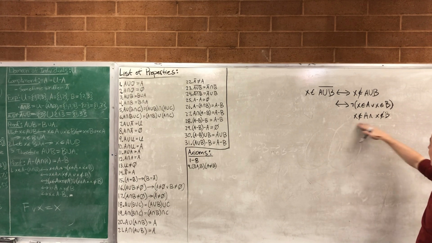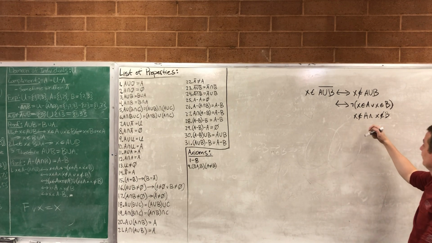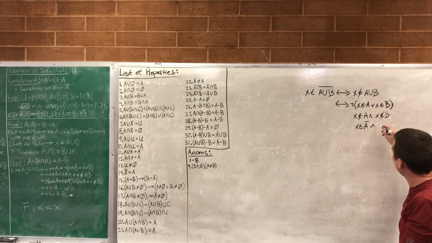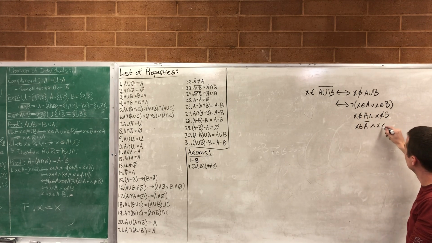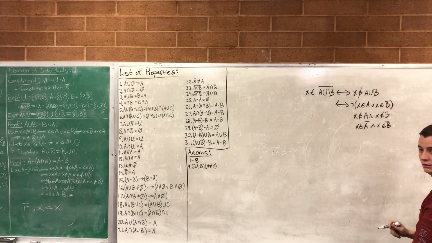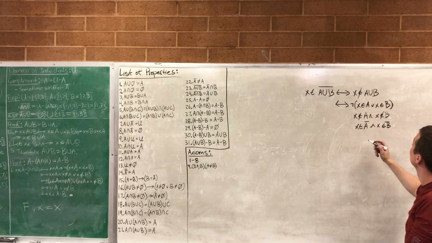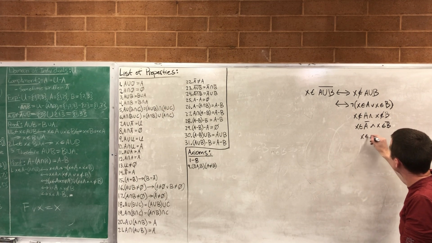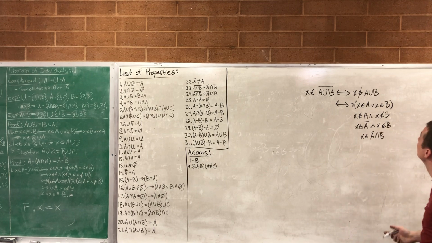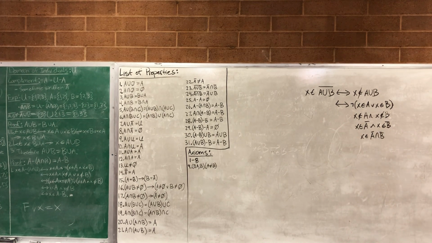And then finally, if X is not in A, what does that mean? That means X is in A complement and X is in B complement. Then that means X is in A complement intersect B complement, which I think is what we were trying to prove. Make sense there?